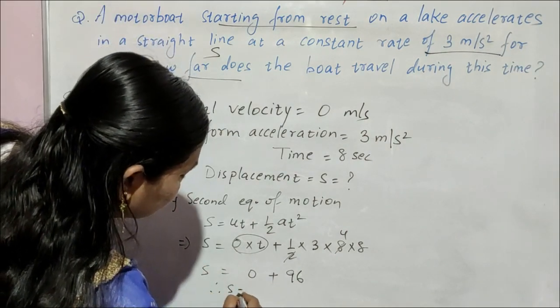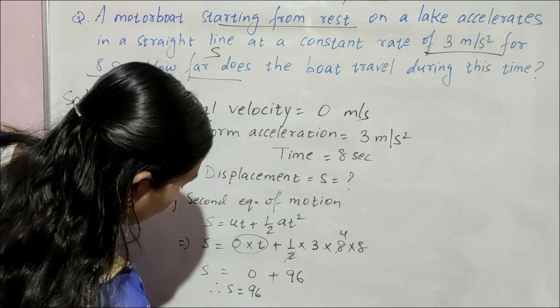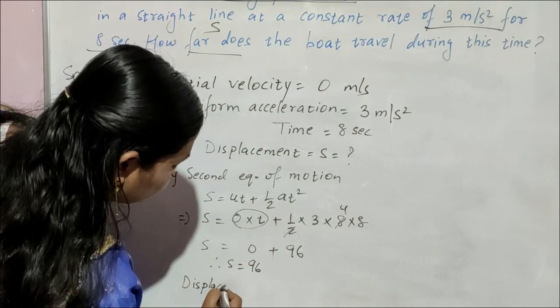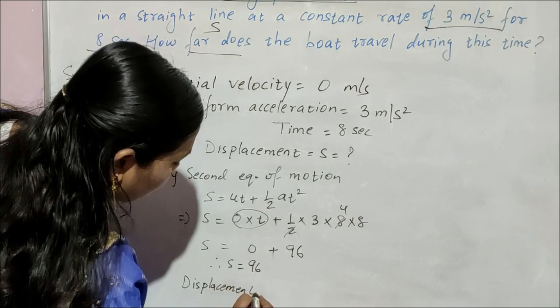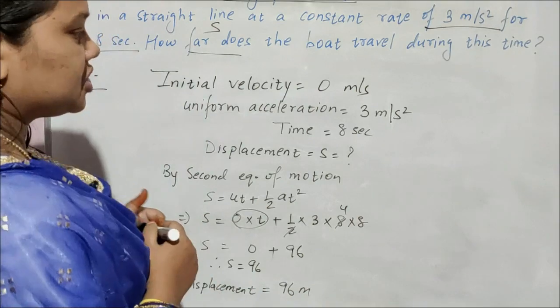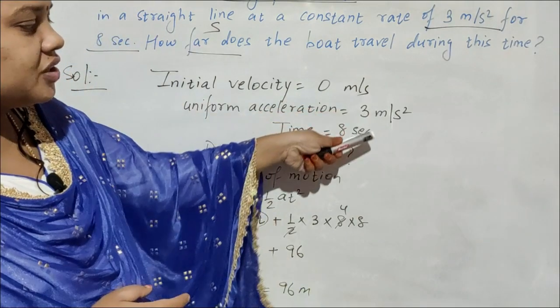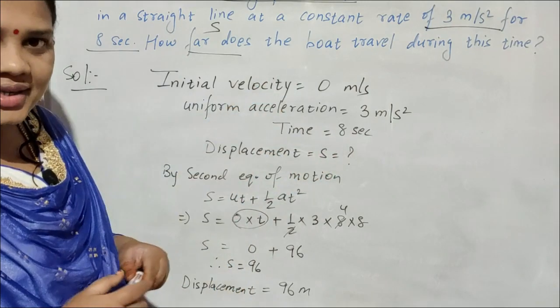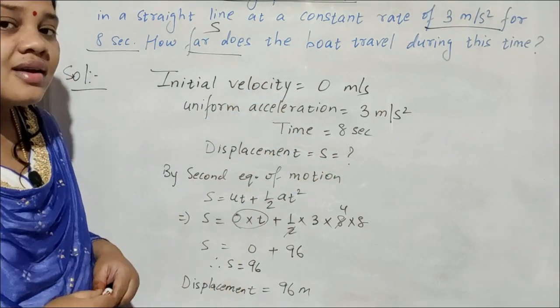Therefore, S equal to 96. What is S? Displacement is equal to 96, unit meter. All are in the SI unit: meter per second square, seconds. So your answer is also in the SI unit.